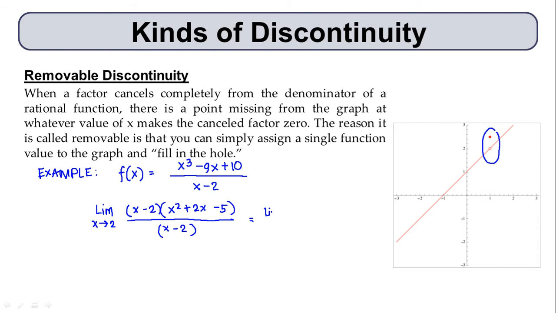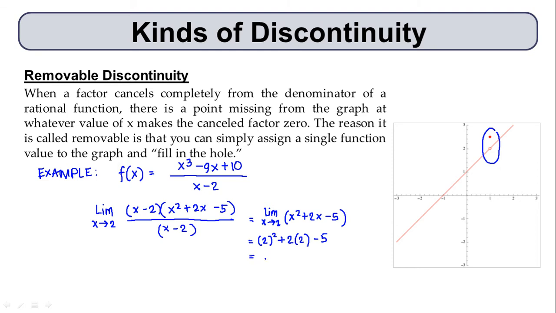The limit as x approaches 2 ng quantity x squared plus 2x minus 5, which is equal to quantity 2 squared plus 2 times 2 minus 5.